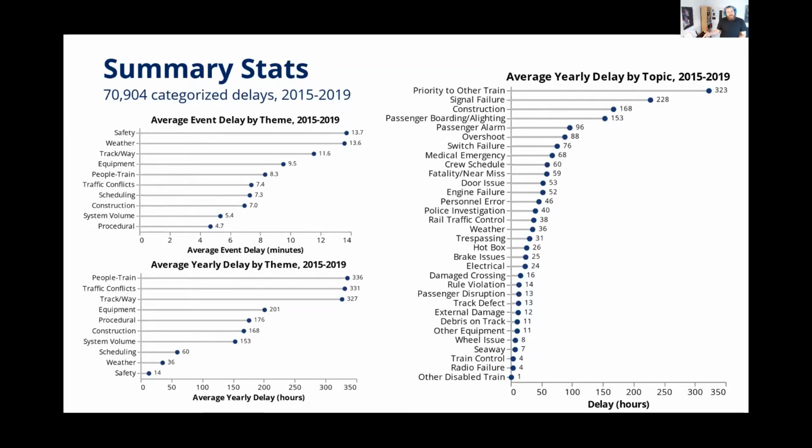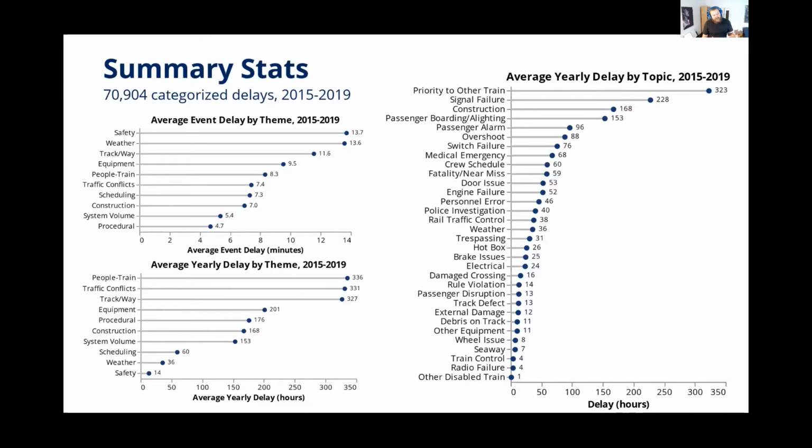If we group these topics together into themes, there's a couple of things that stand out. In terms of average event delay, the delays that take the longest to resolve on average, safety-related ones, as you would expect, and weather-related ones, as well as track and way, such as signal and switch failures, take a long time to resolve. Whereas, as I said, system volume and procedural ones, such as a platform overshoot, are much smaller.